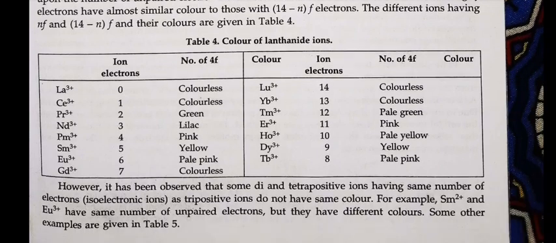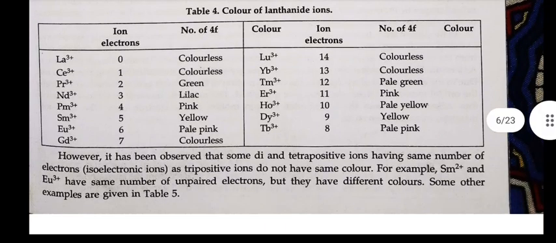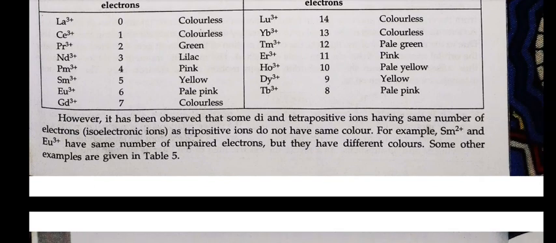The different ions having nf and 14 minus nf electrons and their colors are given in the table, from La3+ to Gd3+ and Lu3+ to Tb3+, having different colors.